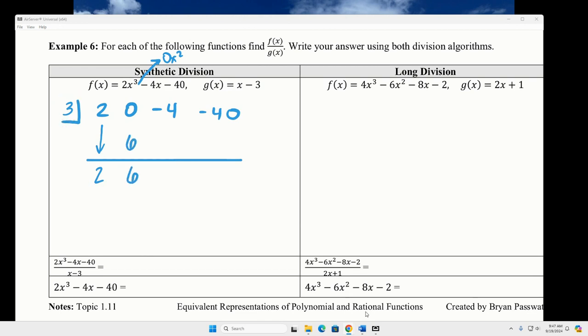Then you do it again: multiply the number in the box by the number under the line, and then you add. Sometimes these get kind of big and it's hard to do in your head, but same thing, multiply, and then you add.